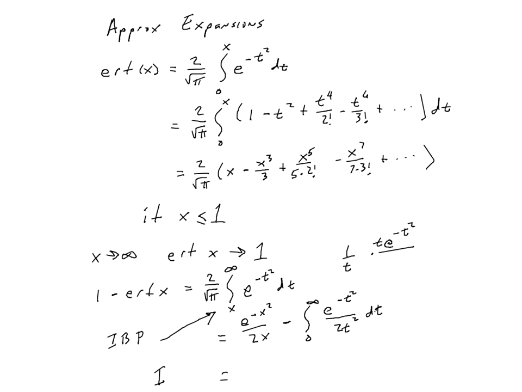You do integration by parts again, then you have this first term, and then you have another term, e to the minus x squared over 4x cubed, and then you have a term from x to infinity of 3, whoops, this should have been x here, 3/4 e to the minus t squared over t to the 4th dt.